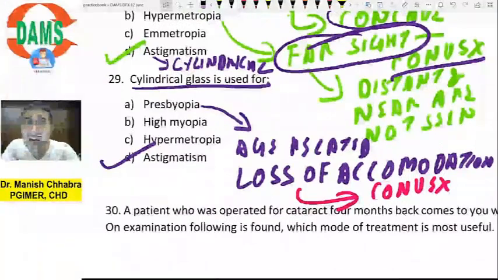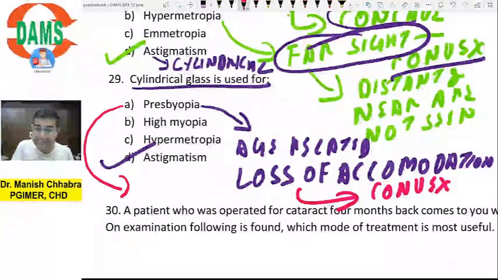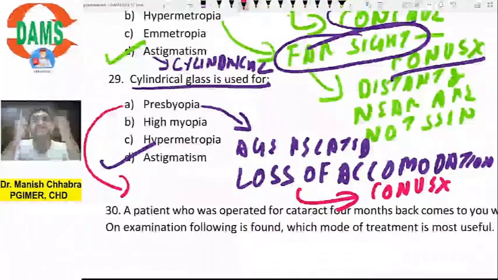Please understand, in hypermetropia I told you that the patient is not able to see distant objects clearly and near objects clearly, so hypermetropic patients will always have to wear the convex glasses all the time. But since presbyopia is age related loss of accommodation, the patient is able to see distant objects clearly but not the near objects clearly due to weakening of the accommodative effort of the eyes.